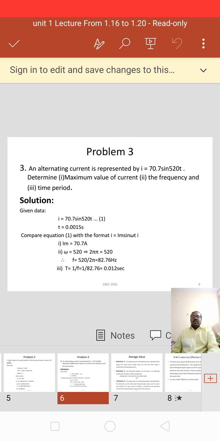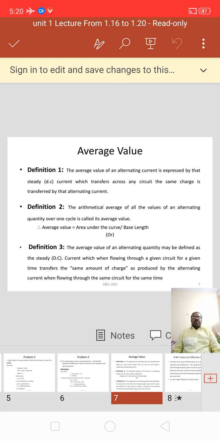Okay. Now we will learn about the concept of average value, that is definition 1. The average value of an alternating current is expressed by the steady current which transfers across any circuit the same charge as is transferred by the alternating current.